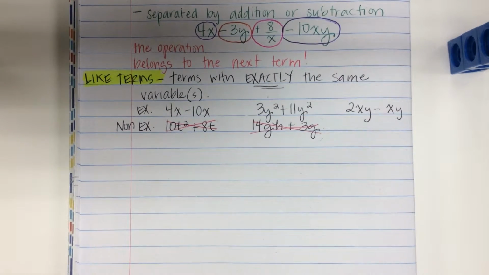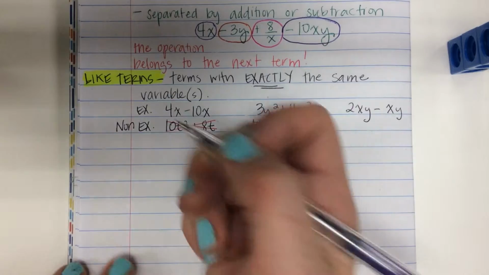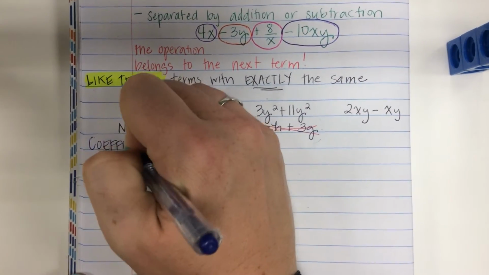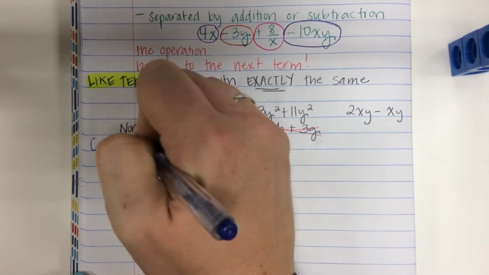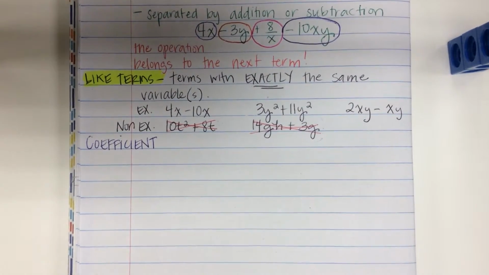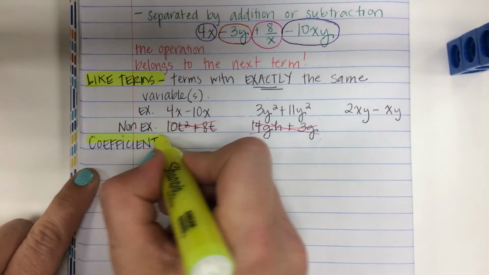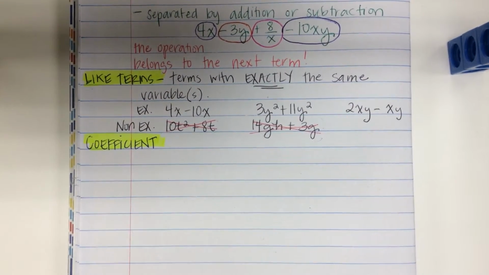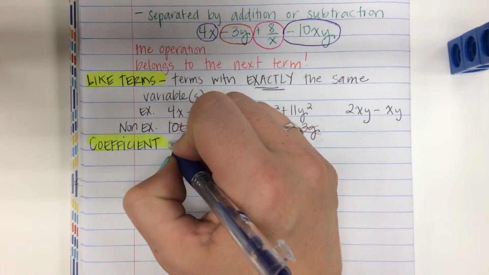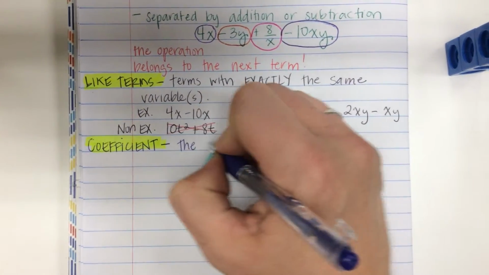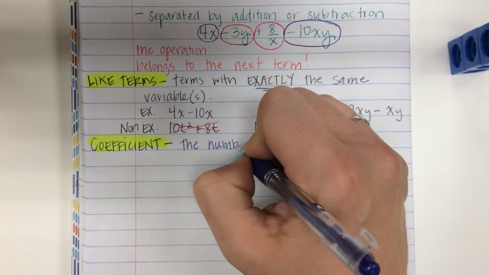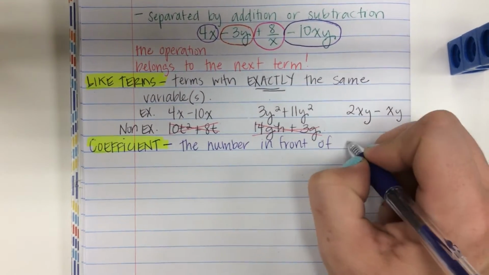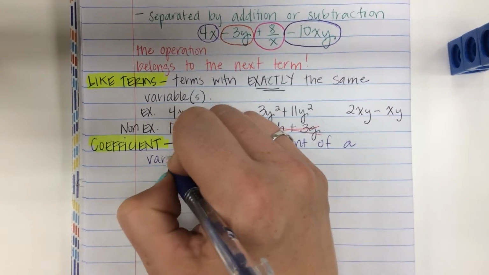Next vocabulary term to remember is coefficient. It's important to know what a coefficient is. The coefficient is the number in front of a variable.